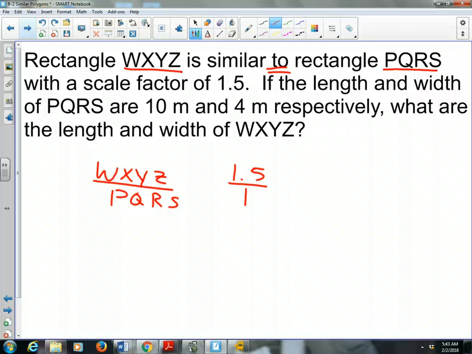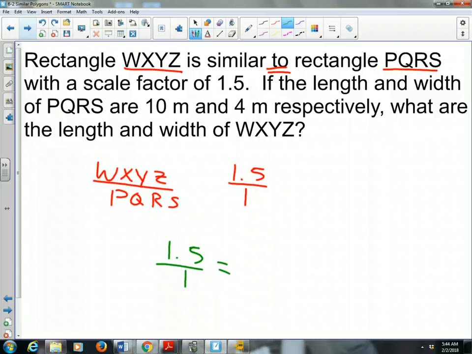So if the length and the width of PQRS are 10 and 4 respectively, that means the length is 10 and the width is 4. What is the length and the width of WXYZ? So if the scale factor is 1.5 to 1, the ratio of the corresponding side lengths should be proportional.